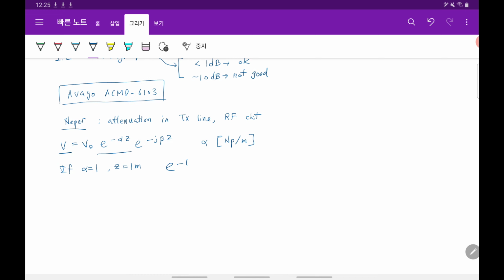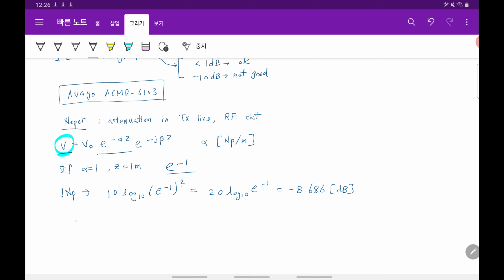Because this is voltage, to convert this to power in dB scale, 1 Neper in dB is 10 times log 10 to the minus 1 squared, right? Because this is a voltage, so we should have the square here. That's why we have 20 log 10 to the minus 1. So this is minus 8.686 dB.